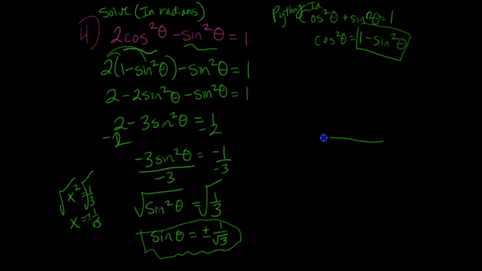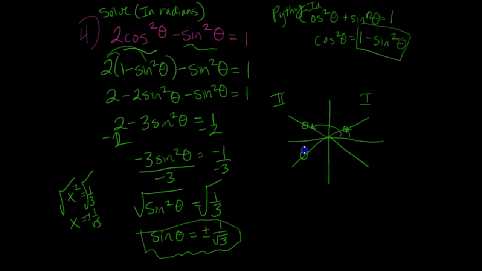But if we think about this and where it is, we've got positive 1 over the square root of 3, and when is sine positive? Sine is positive when the y's are positive, which is up in quadrants 1 and 2. So I don't know exactly where this angle is, but I'm going to say that theta could be here, and theta could also be over here, whatever that is. Okay, so it could be this whole length or just this length. And then also, since we have a negative, it's also going to be that symmetrical point right there.